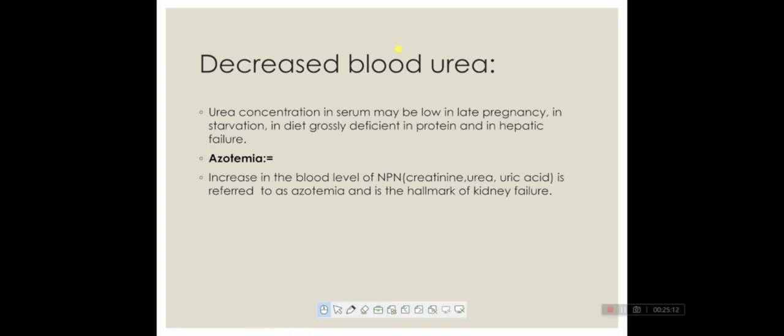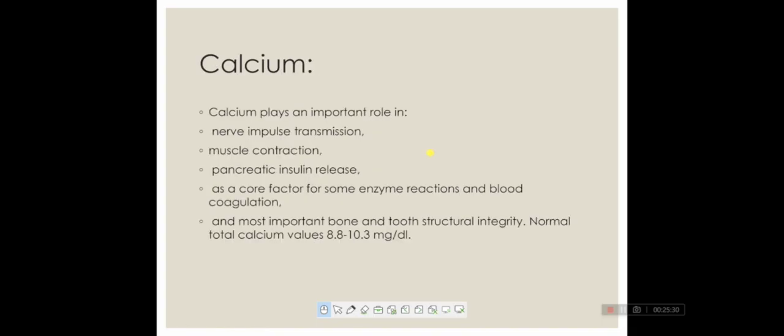Hallmark of kidney failure means that if azotemia is there, then there is about a 90% chance that the person is suffering from kidney damage to a severe extent. NPN means non-protein nitrogenous substances such as creatinine, urea, and uric acid.